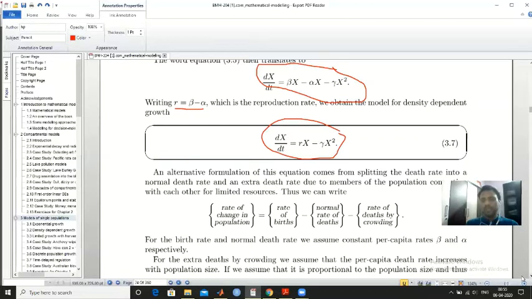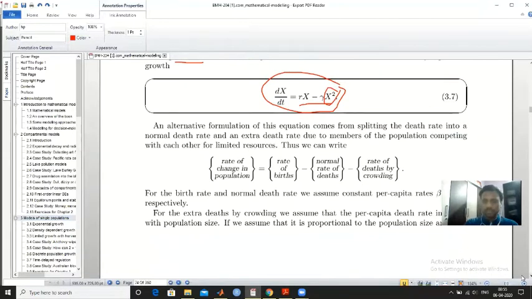But here this term is non-linear. This term is non-linear in x, right? Because of this term x square. So due to this term, this differential equation is a non-linear differential equation, right?